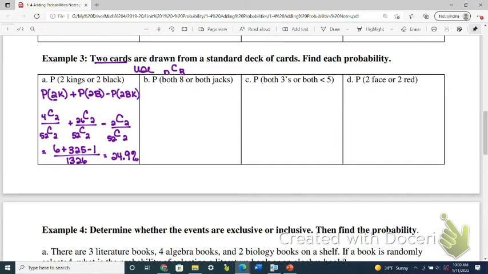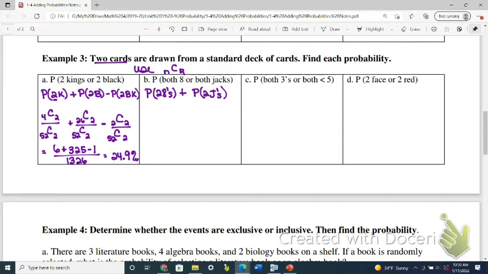Okay, B, the probability of 2 8s or the probability of 2 jacks. And the question is, can they be an 8 and a jack at the same time? No, they cannot, so I have nothing to subtract here.